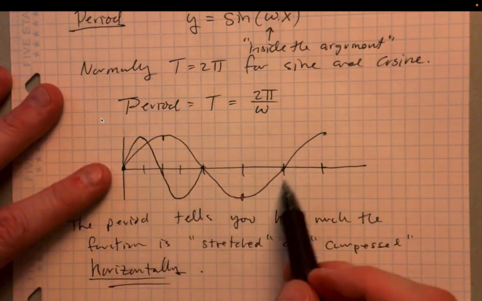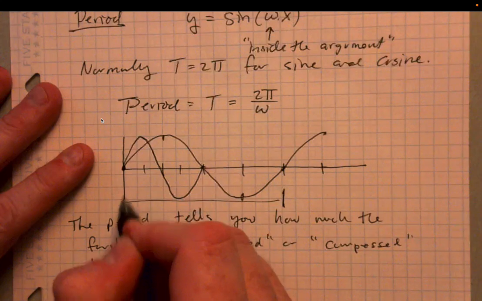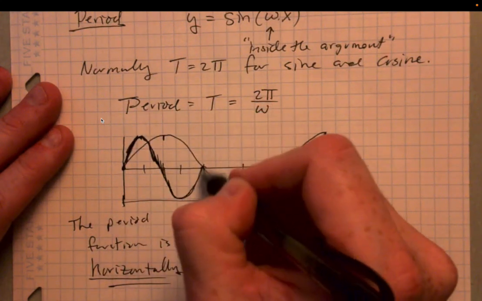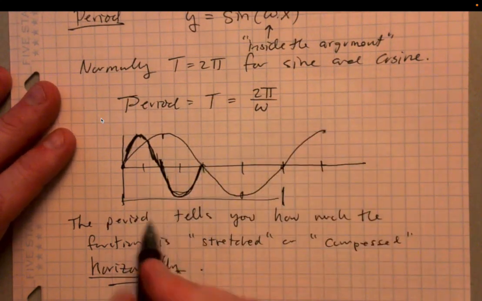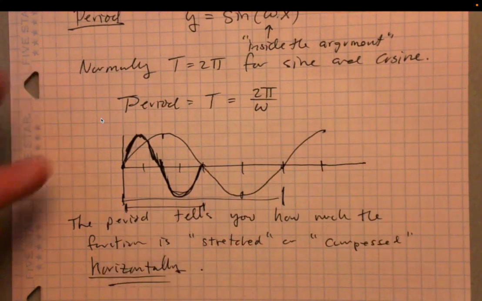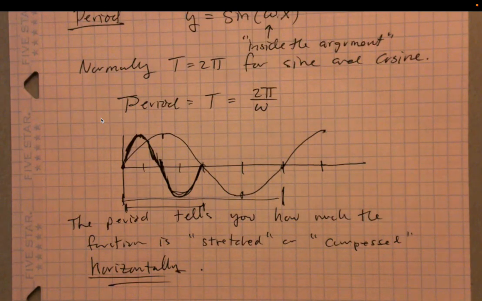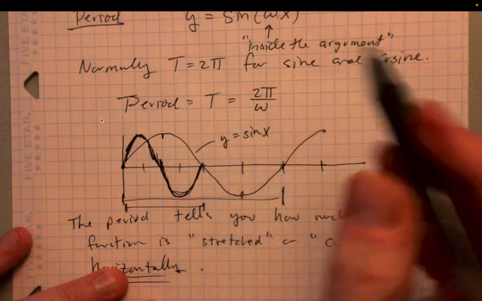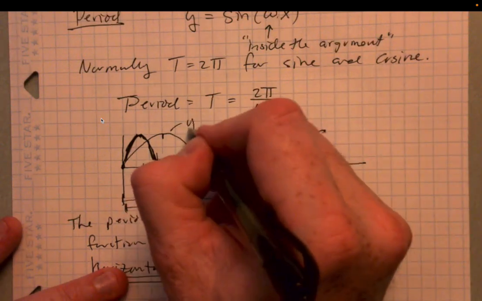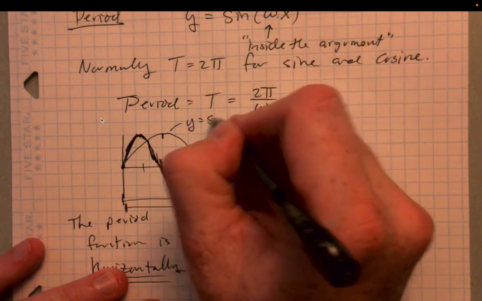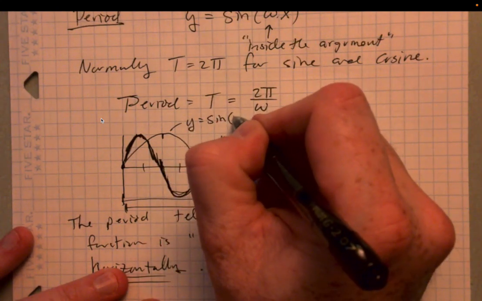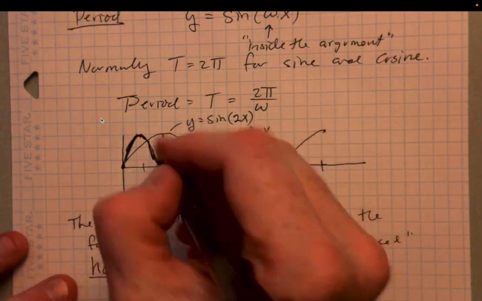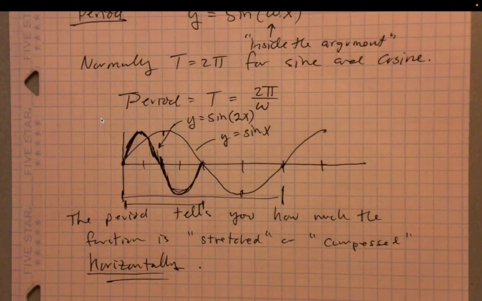So the period went from out here to this new graph here, where now the period is half as long as it previously was. So if this is y equals sine of x, then this is y equals sine of 2x.